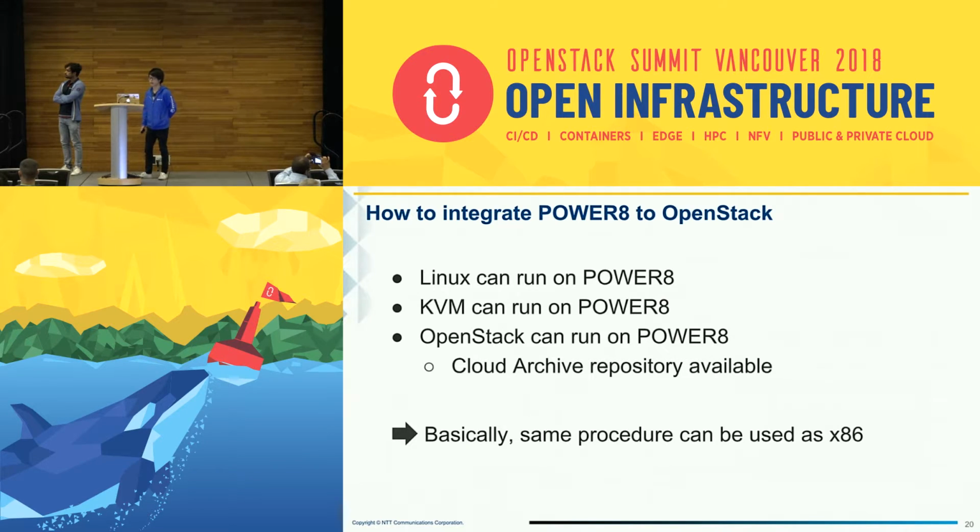Next, what are the requirements for OpenStack? Linux can run on Power8, KVM can run on Power8, OpenStack can run on Power8, and the upstream package repository is also available. So basically, the same procedure can be used as for Intel servers.